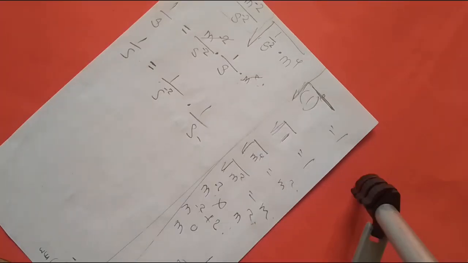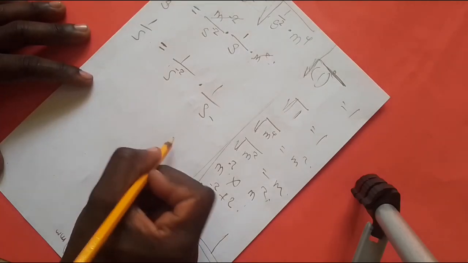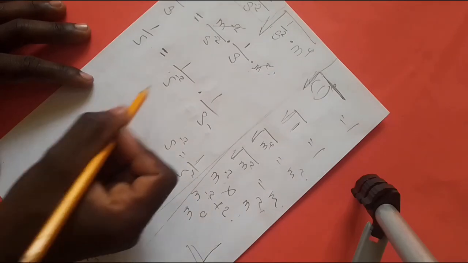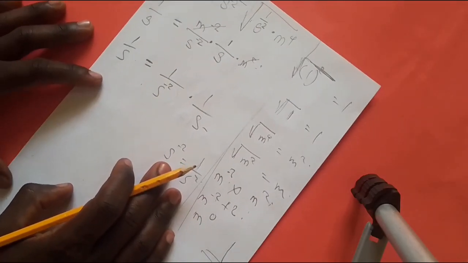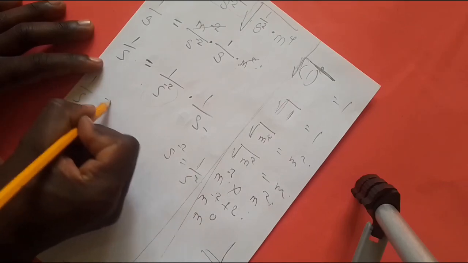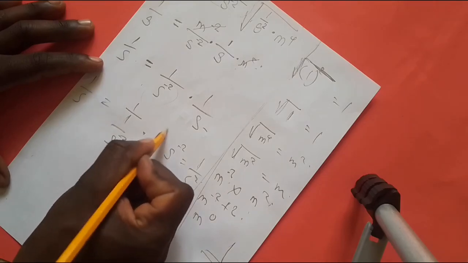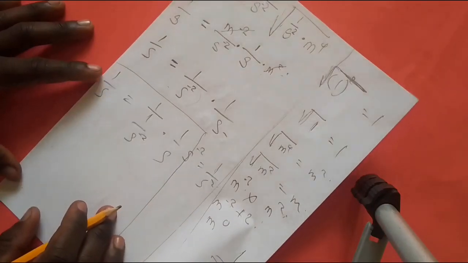I've mentioned before that s to the power negative 2 is equal to 1 over s to the power 2. So we have s to the power negative 2 in the denominator. So 1 over s is now equal to 1 over s to the power negative 2 times 1 over s. You see that?